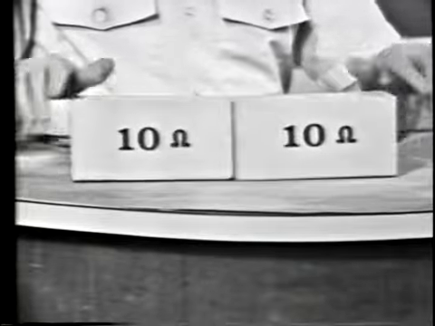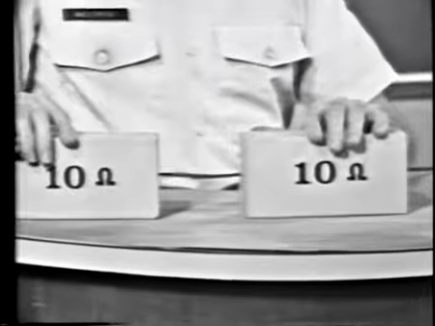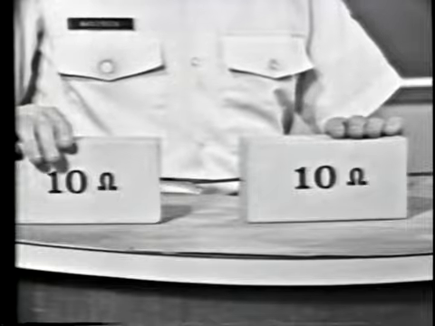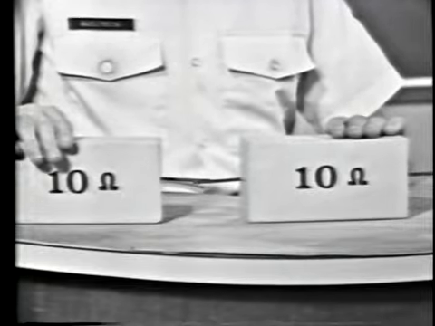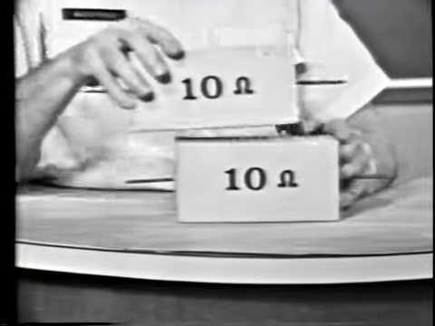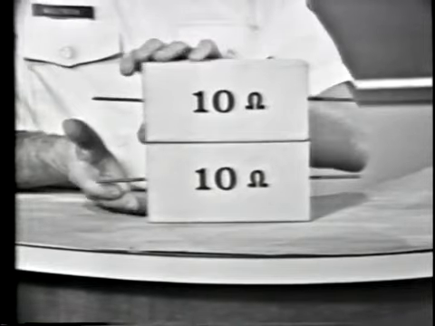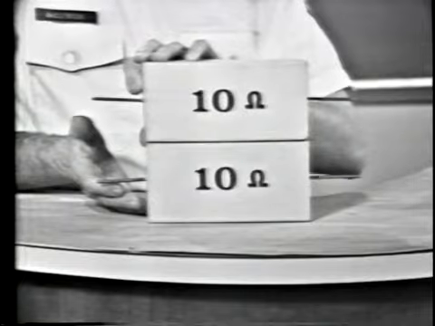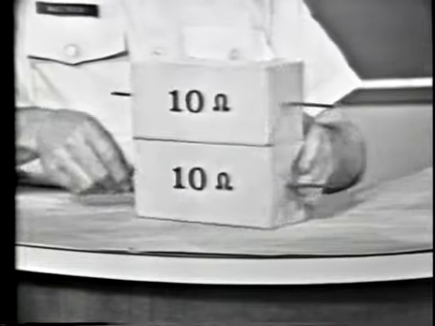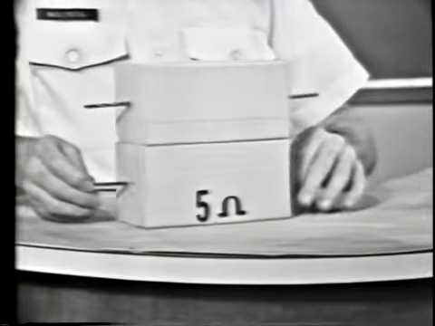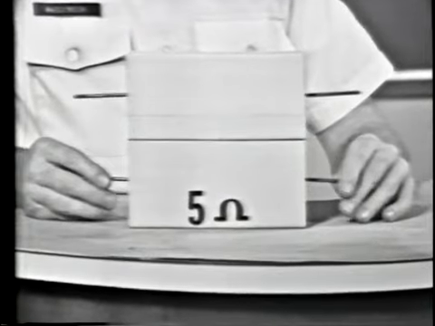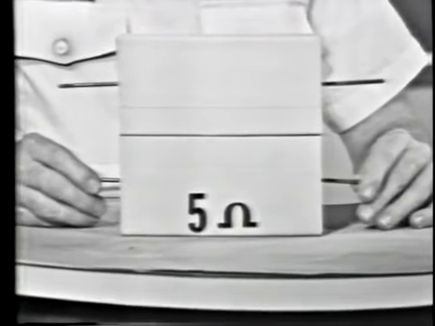We also learned that resistance is inversely proportional to cross-sectional area. If I place the resistors like this, I've doubled the cross-sectional area of the material. This decreases resistance by 1/2, so we now have only 5 ohms of resistance.